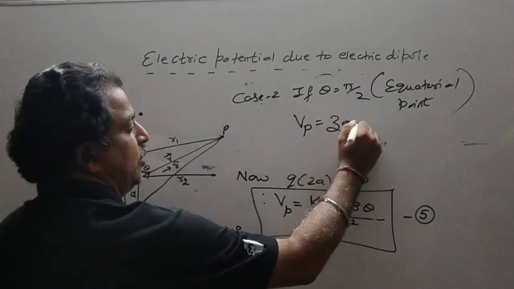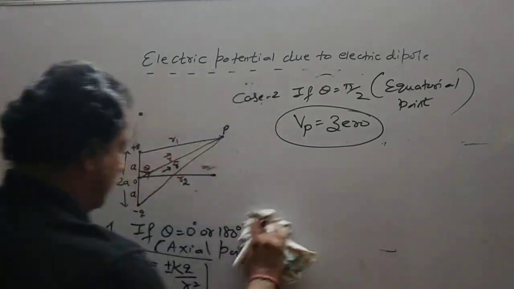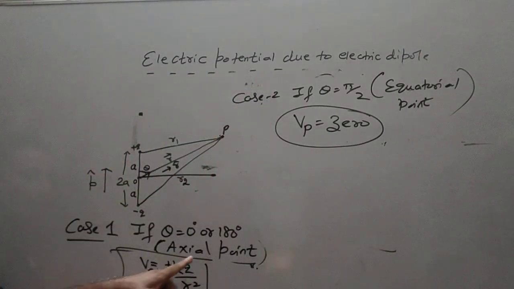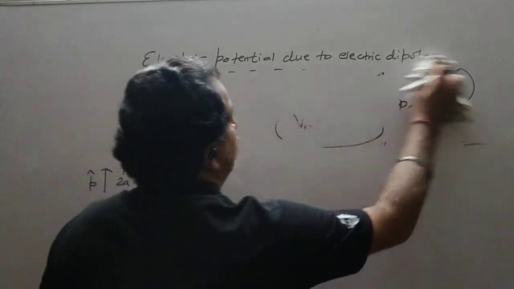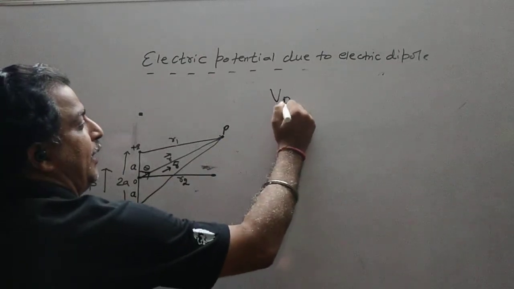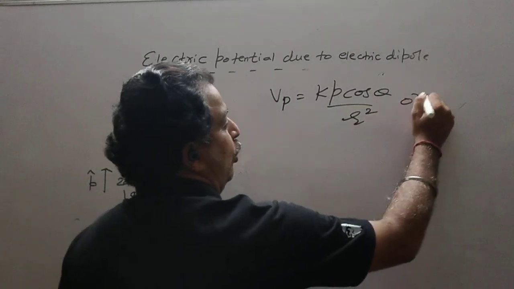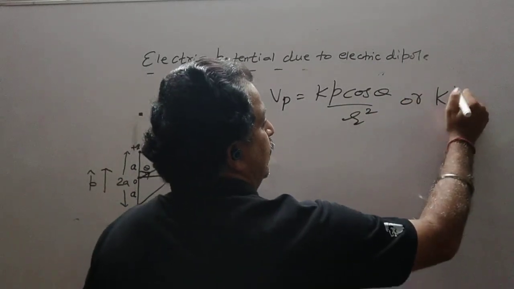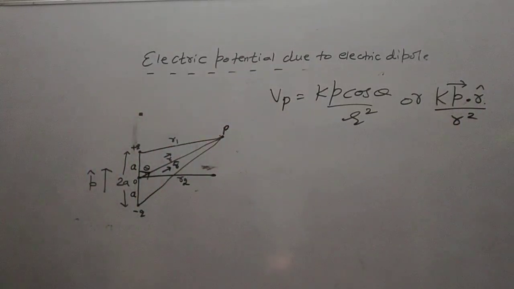So the electric potential at the equatorial point is 0, and at the axial point the value is plus minus Kp upon r square. So these are the two cases for the electric dipole, axial and equatorial, and the general formula is simply Kp cos theta upon r square, or simply Kp vector dot r cap upon r square.